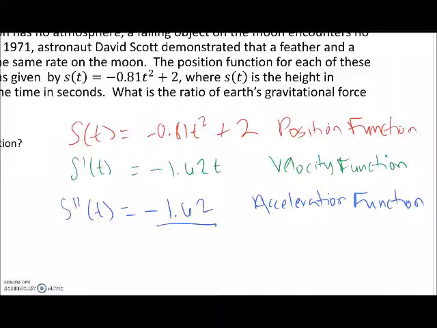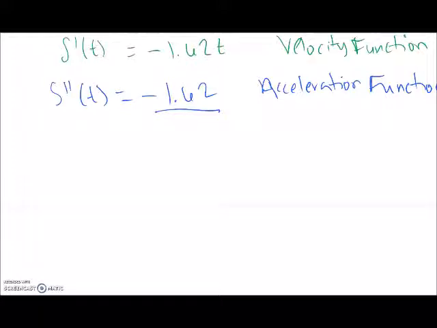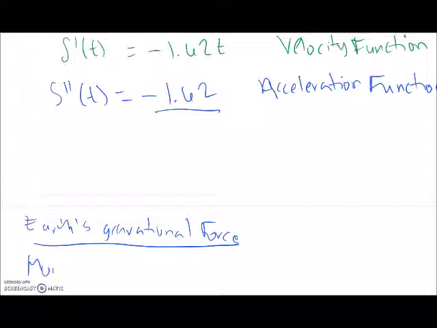Because the acceleration due to gravity on the Earth is negative 9.8 meters per second squared, we can calculate the ratio of the Earth's gravitational force to the moon's. So we have the Earth's gravitational force over the moon's gravitational force.